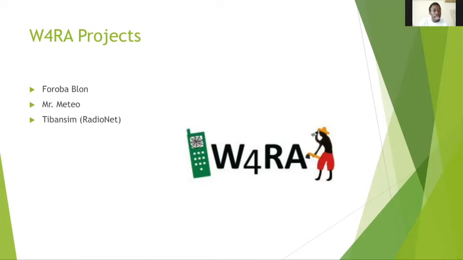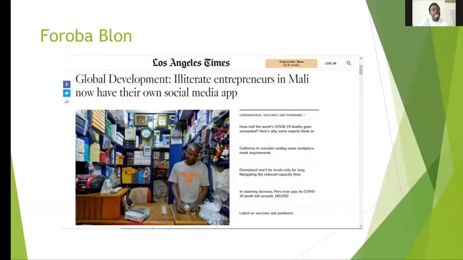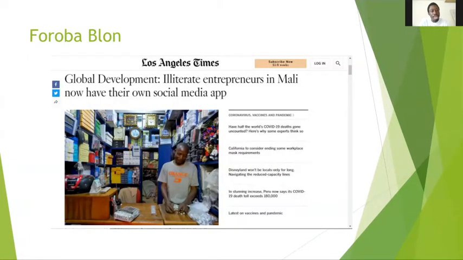And these are projects that we have done in low resource environments. And so we have gotten a good idea of how to go about these things. And these things are meant for development. So Foro Bablong was an app used as more like a social media app for illiterates.